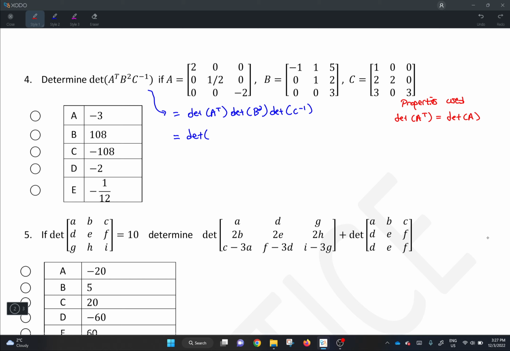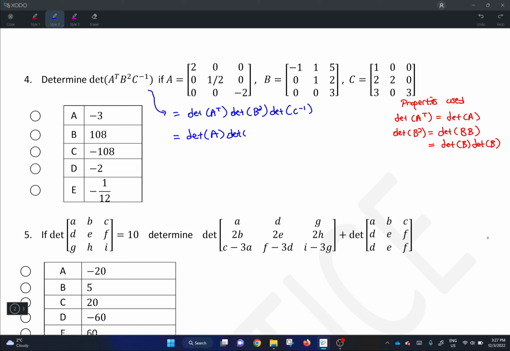The transpose does not change the determinant. So that first property allows us to do this. Second property, not really a property, determinant of B squared is the same thing as the determinant of B times B. And we can use this property again, determinant of B times determinant of B. So I'm going to do that.